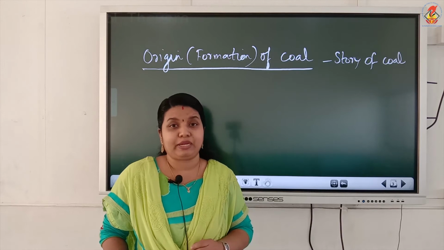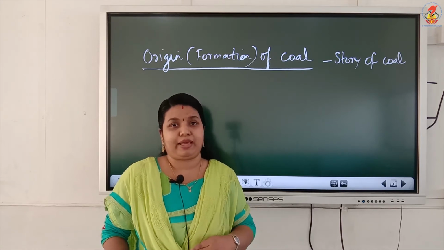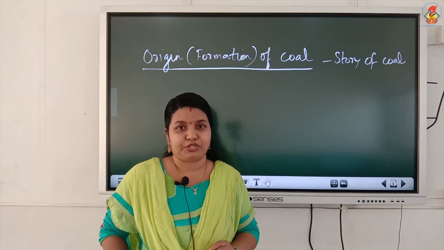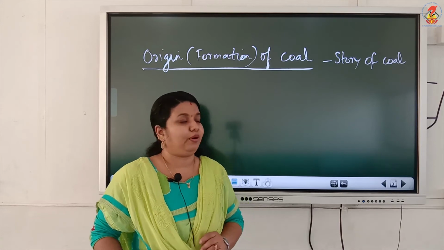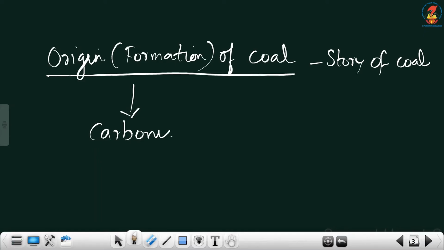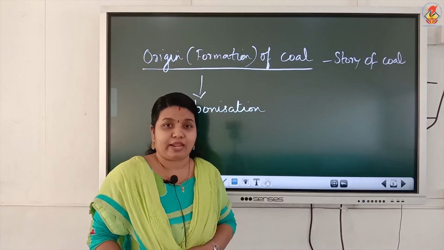Under high temperature and high pressure, this dead vegetation was converted to coal. The slow process of conversion of dead vegetation into coal is known as carbonization.